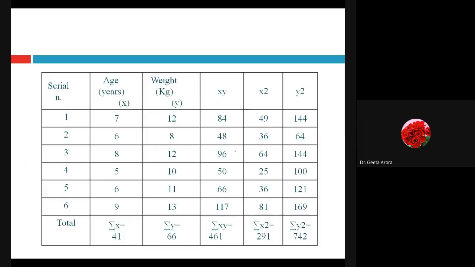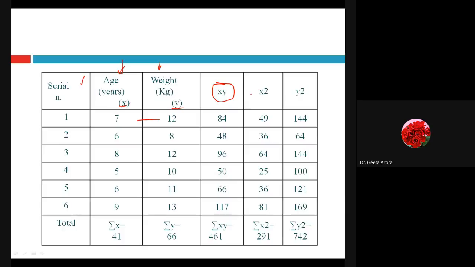Earlier we were provided with these three columns. The serial number might or might not be given, it doesn't matter. We have been provided the data of age and weight of the six kids. What we have done is written that this is x, this is y, and we have obtained a column xy by multiplying the two values: 7 into 12 is 84, 6 into 8 is 48, and so on.